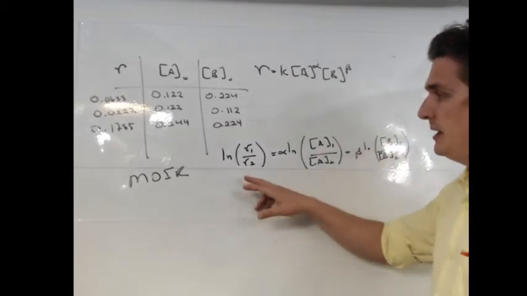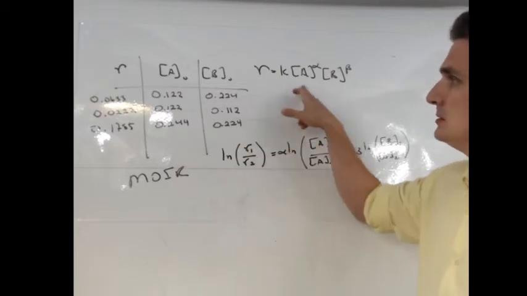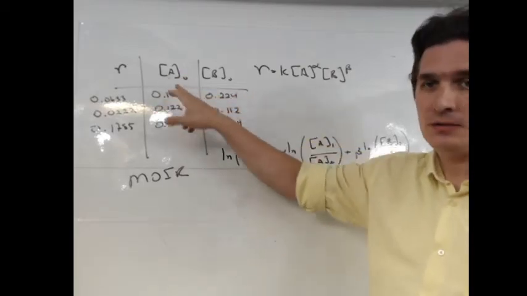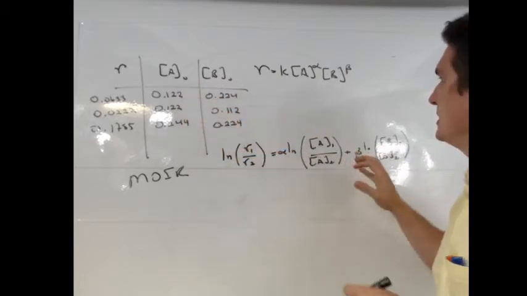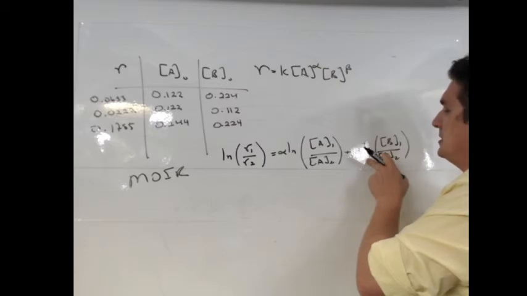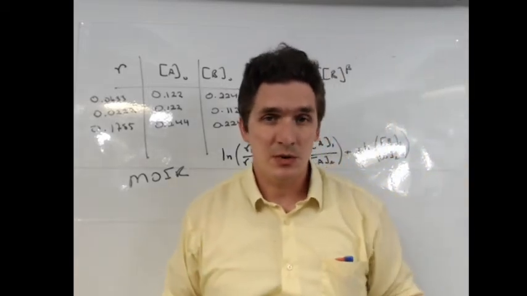If we look at the natural log of the ratio of the rates between two runs, it's going to equal the order on A, natural log of the ratio of its concentrations between the two runs, plus the order on B, natural log of the ratio of its concentrations between two runs as well.